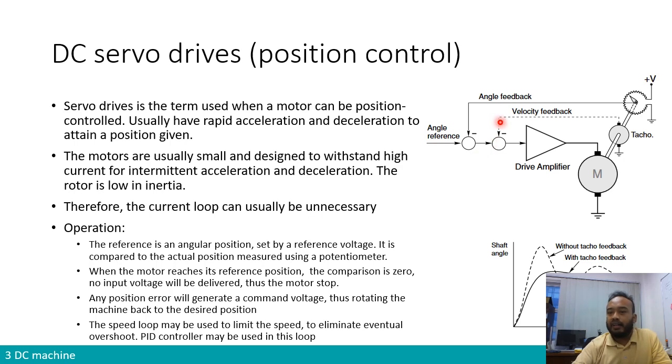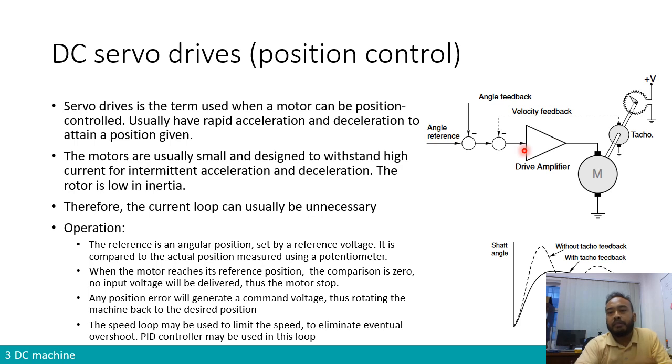Basically, if there is still error, then the information will be converted into current that will be delivered to the motor. So in this drive amplifier, we could add a certain block, for example, the block of controller, where we can limit the speed.